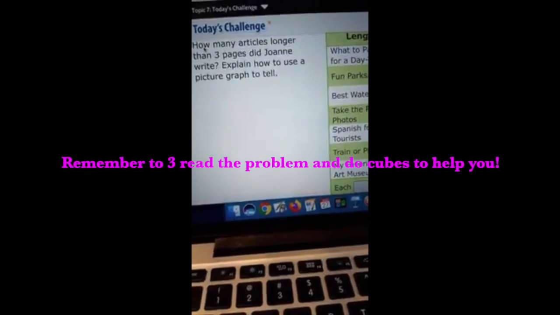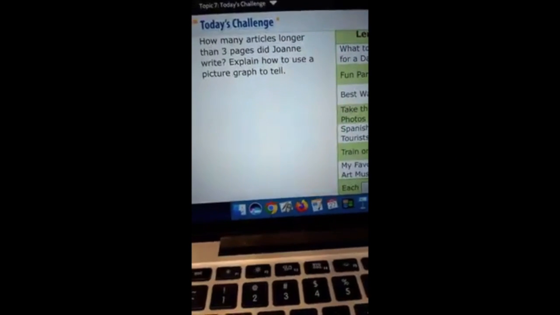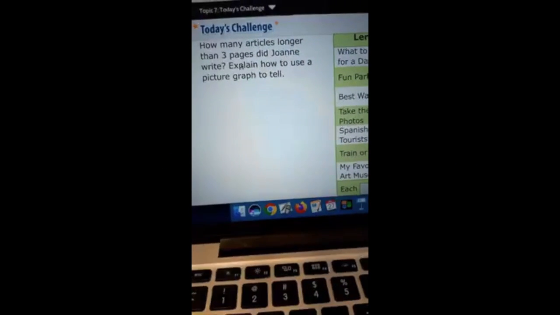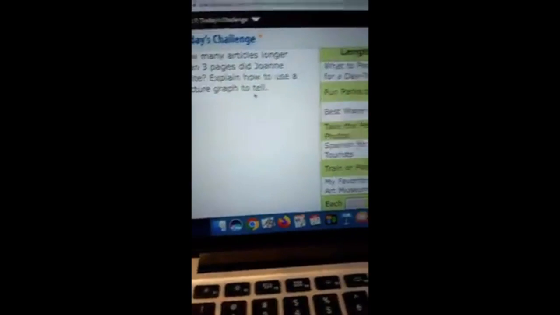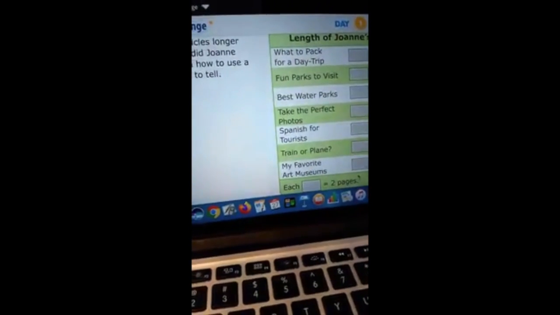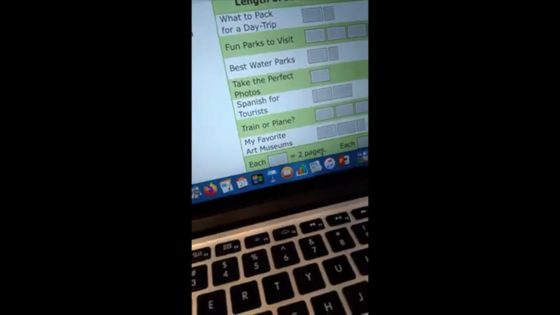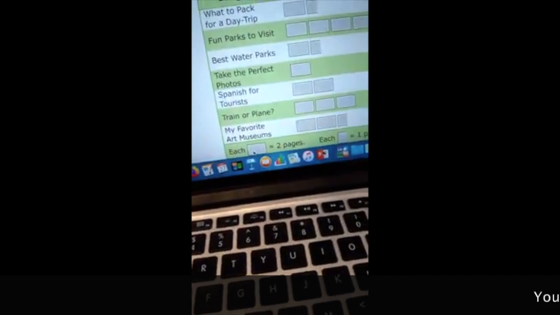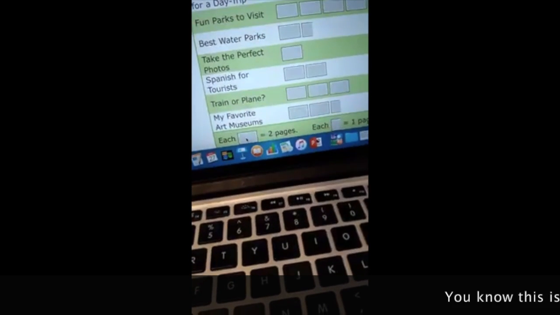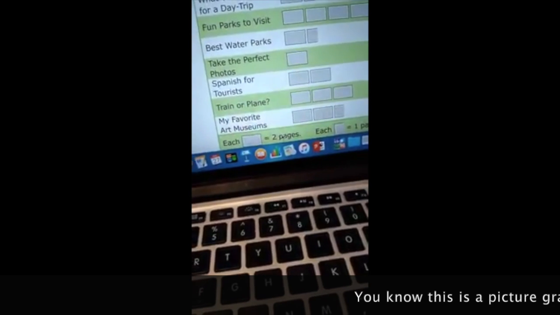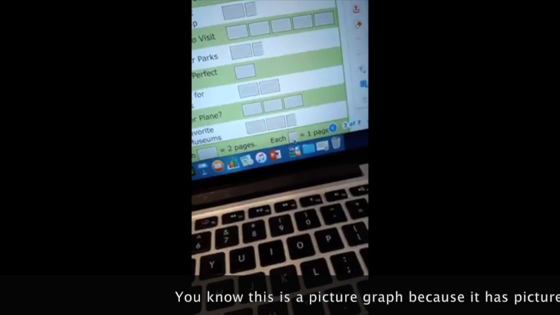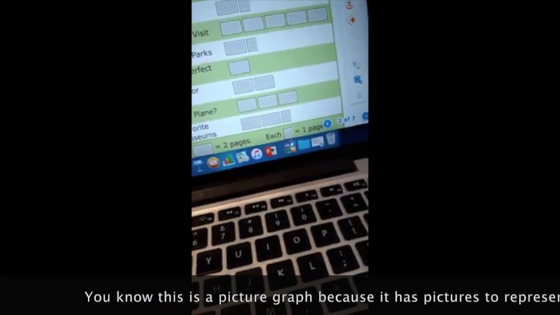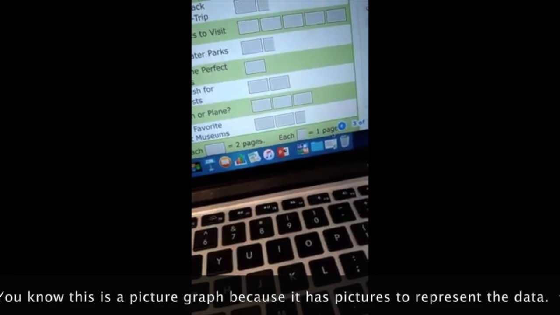So reading the problem, it says, how many articles longer than 3 pages did Joanne write? Explain how to use the picture graph to tell. If we take a look here at the key, we'll see that each large rectangle with lines represents 2 pages. Each half page represents 1 page.